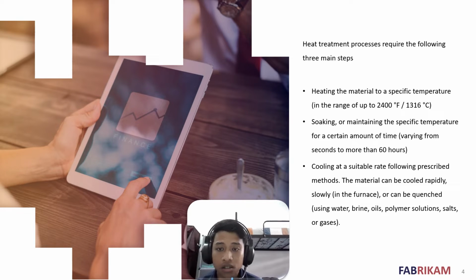The second is soaking, or maintaining the specific temperature for a certain amount of time. And lastly, number 3, cooling at a suitable rate following a prescribed method. The material can be cooled rapidly, slowly, or can be quenched using water and so on.